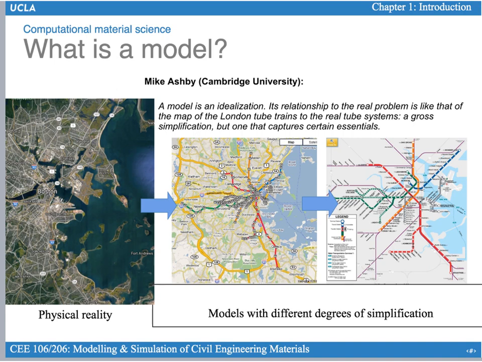So for example, in this case, if you are trying to figure out how to go from point A to point B using the subway, a first level of simplification would be to get rid of all the pictures of all the buildings within Boston, but to really focus on the transportation network and to have a map that shows only the subway lines and the given stops.